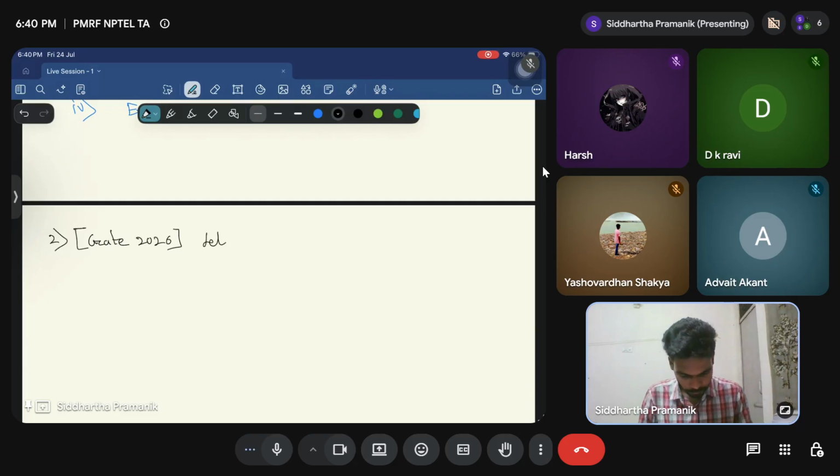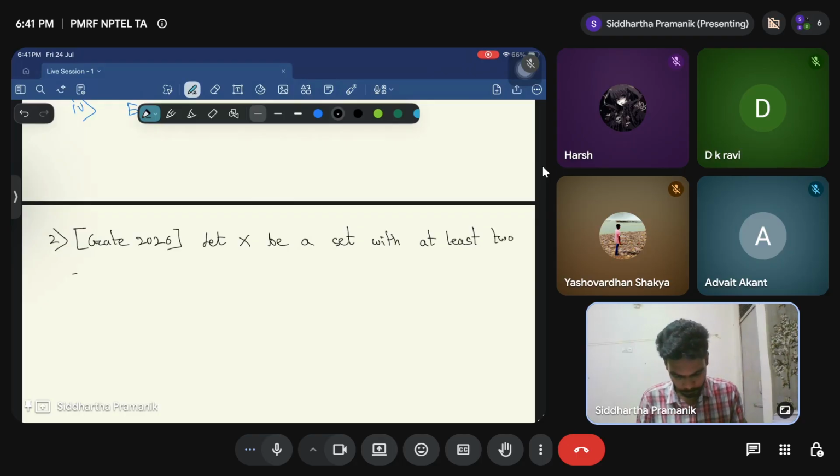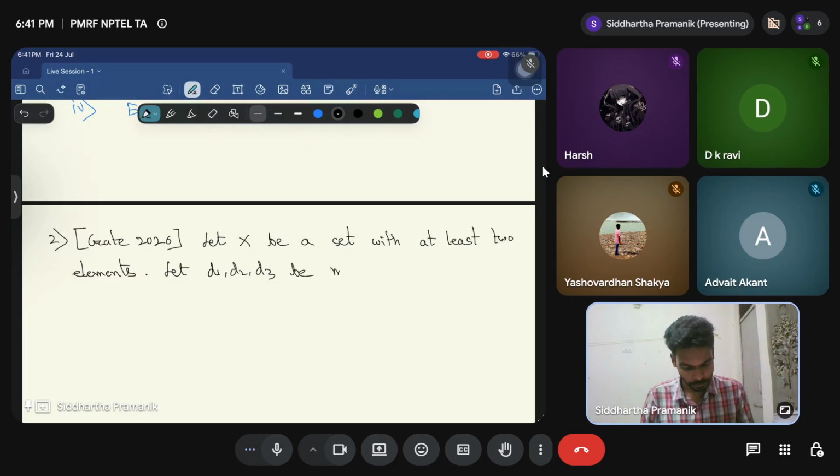Let X be a set with at least two elements, and let d1, d2, d3 be metrics on X. Then which one is not a metric on X?